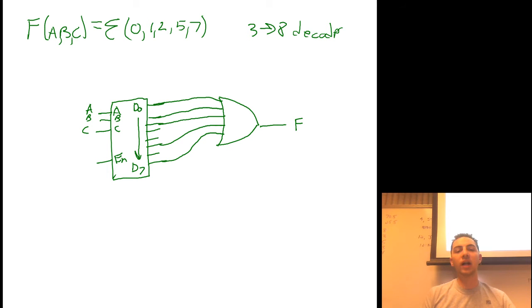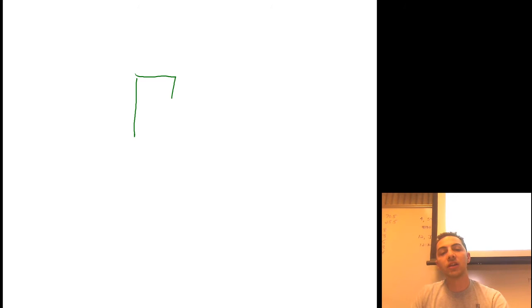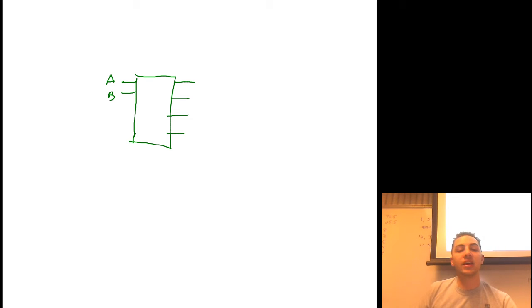So this is what I was going to give you: the following problem. You can only use a 2 to 4 decoder. What would you do then? This is just a little bit more complicated.